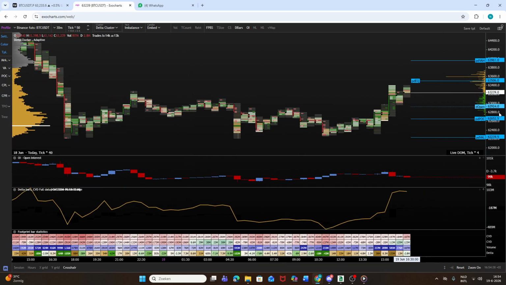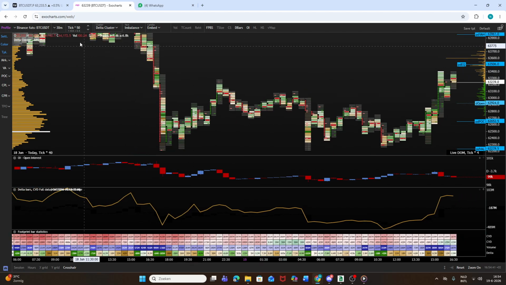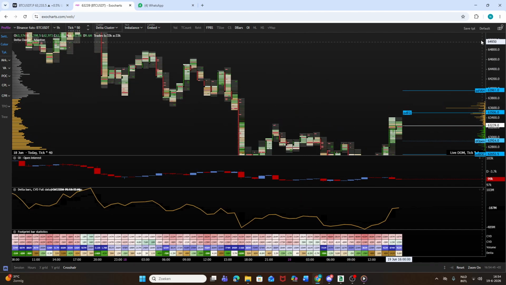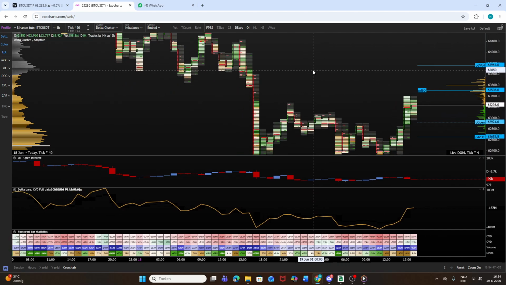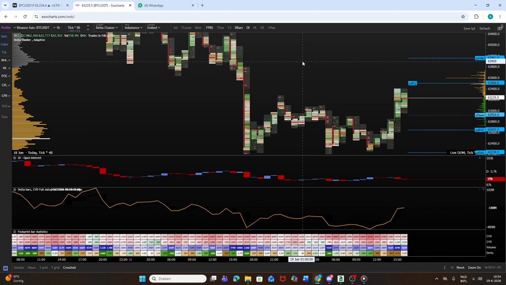And I am currently making new statistics for a different kind of support and resistance level. So I'm currently on full screen, so I can show you this.